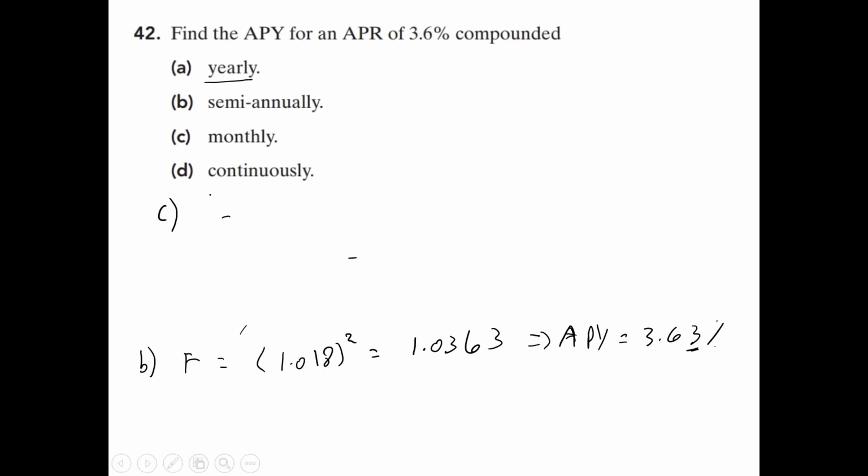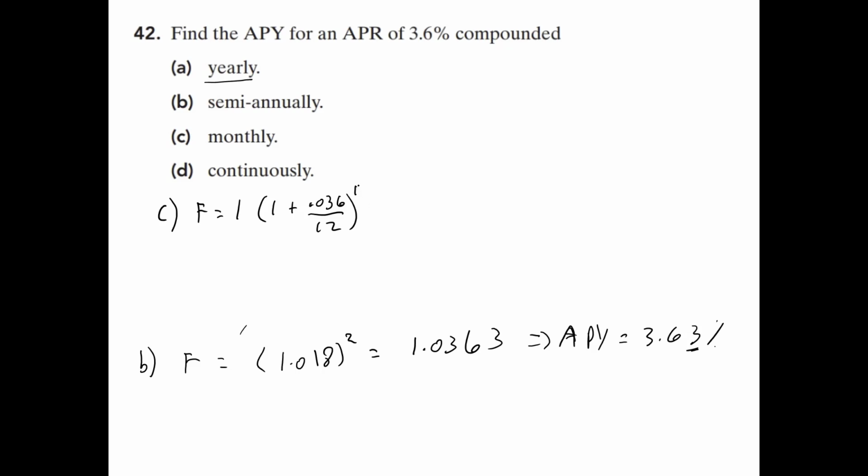Again, what's going to happen to $1 is it's going to become $1 times 1 plus 0.036 divided by 12. And what's going to happen to $1 after 1 year?